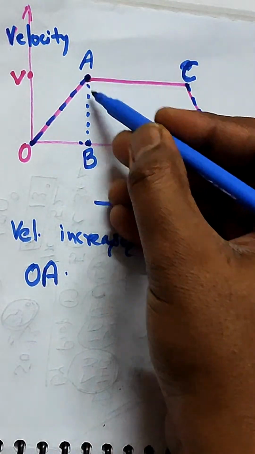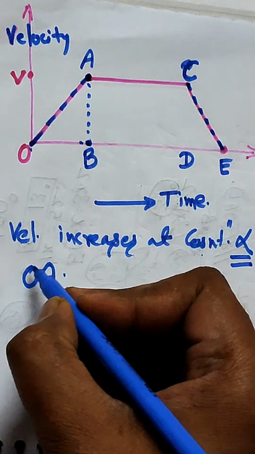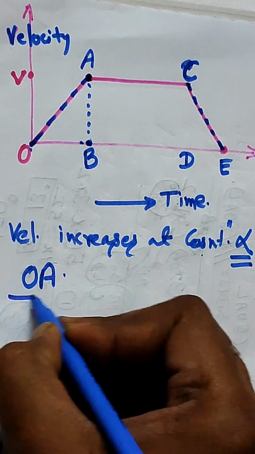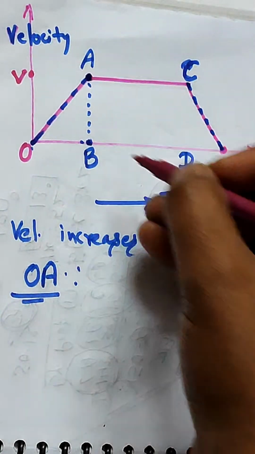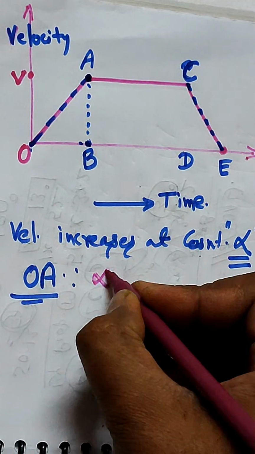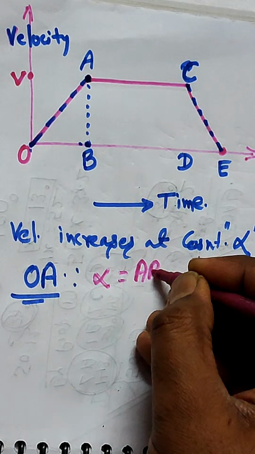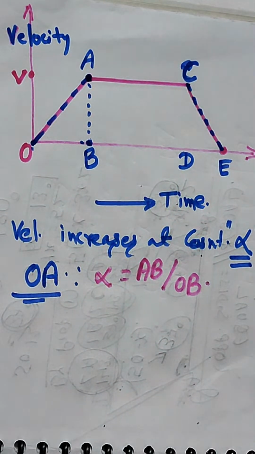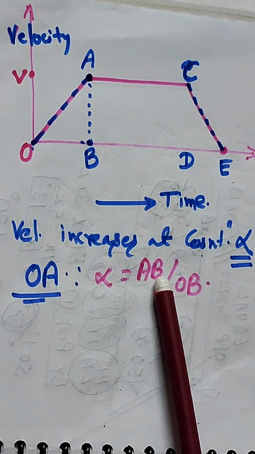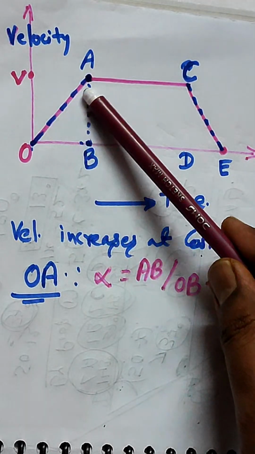So for O to A, we can write alpha is AB by OB.